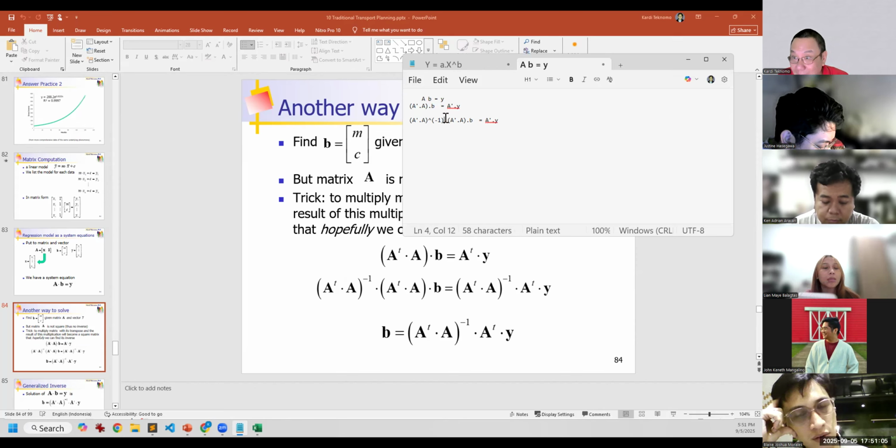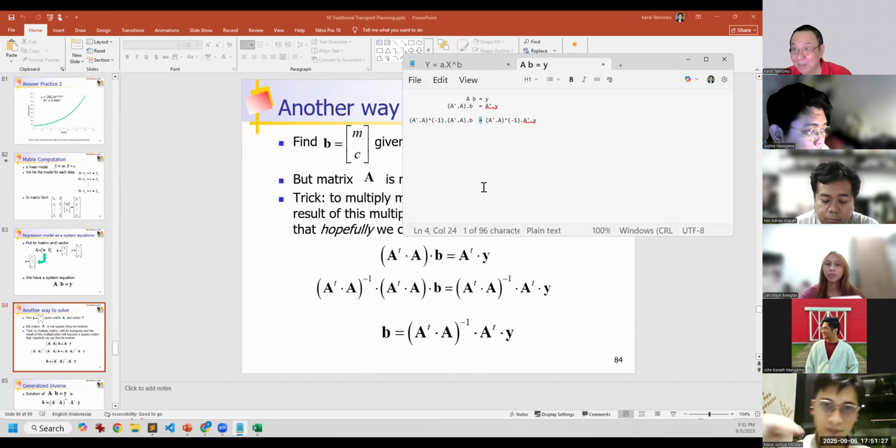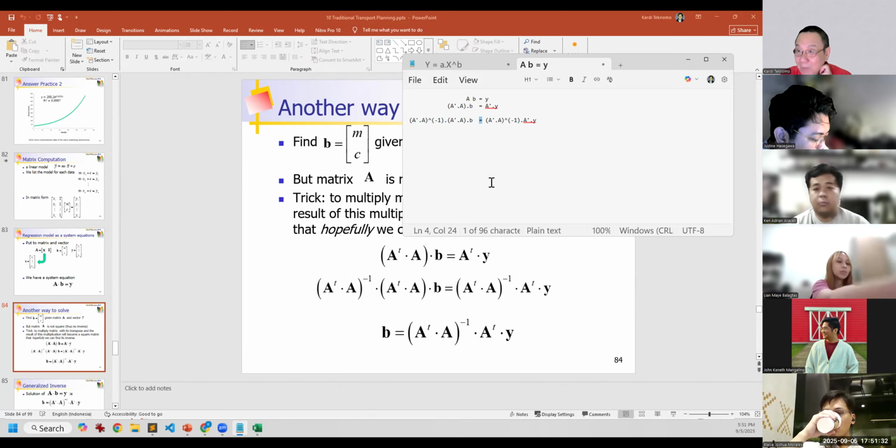So if the left is multiplied with one thing, then for the equal, you need to multiply the same thing. Isn't it? Otherwise it will not become equal. So you need to multiply with the same thing so that it becomes equal. So I put the equal there. Equal is the most important sign. So to make it balance, you need to multiply with the same thing.